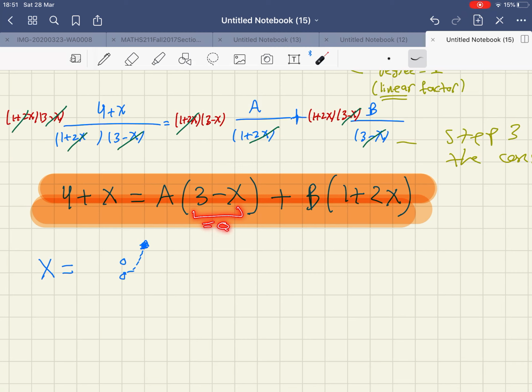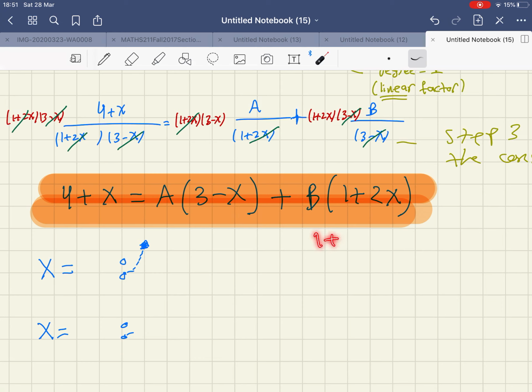Which number makes this bracket equal to 0? Can you tell me? Exactly, it's 3. So I would suggest you use 3. Same thing, again, you will need to use another x. You have to choose 2 x's. Now, the best x you can choose is the one which makes this one equal to 0.